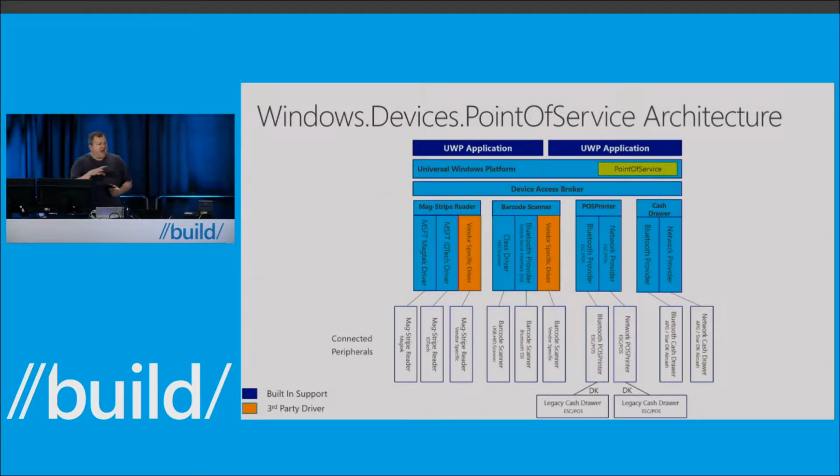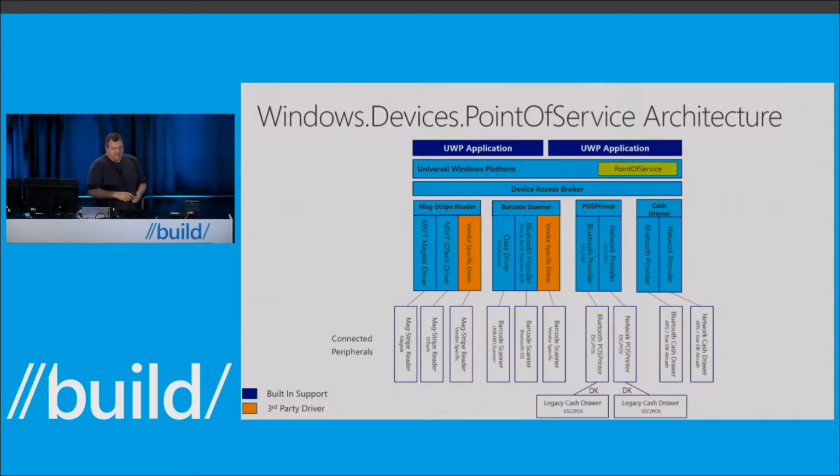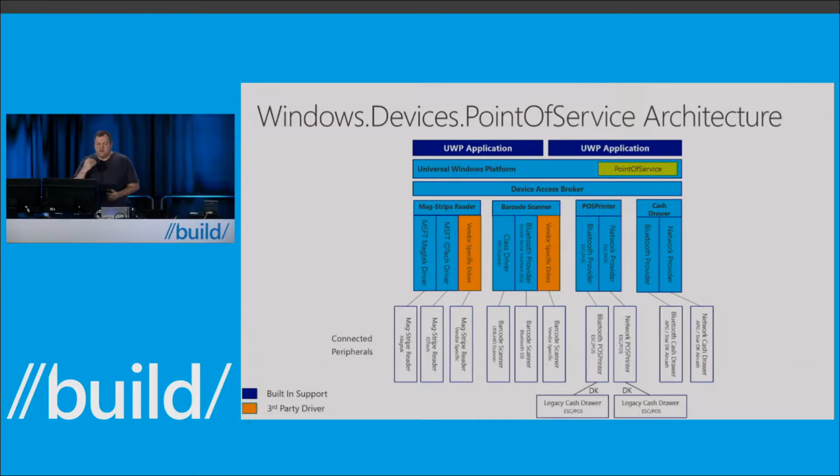In terms of how it looks from a developer perspective, the UWP applications talk into the standard Universal Windows Platform, and there is a Point of Service namespace, so you get access to classes through that namespace.